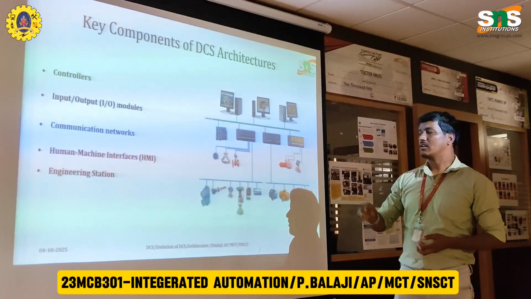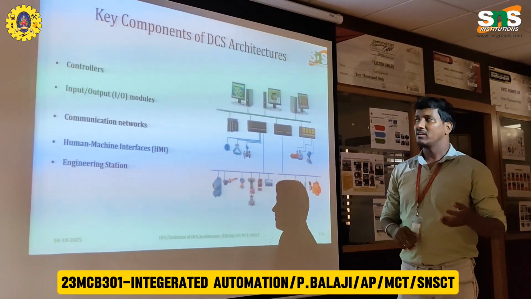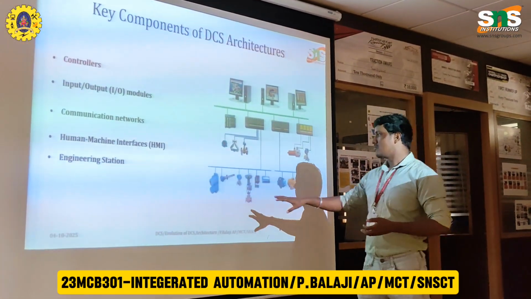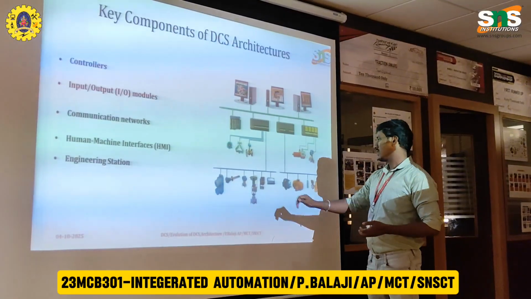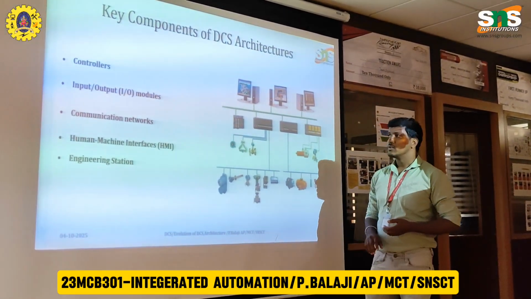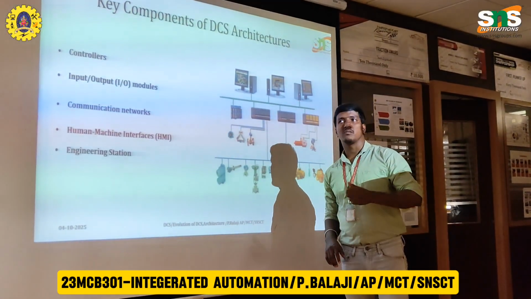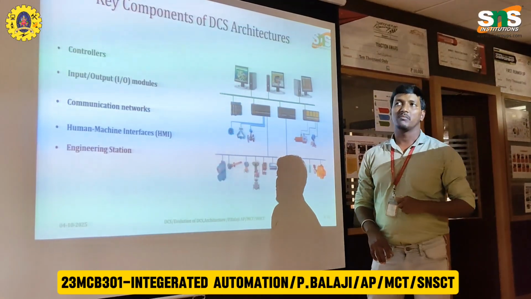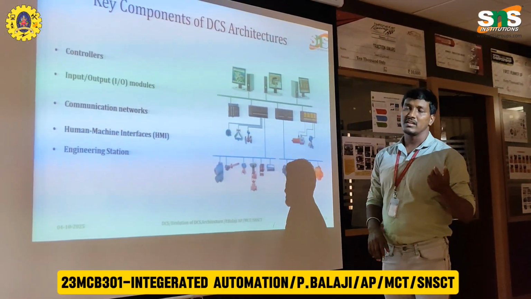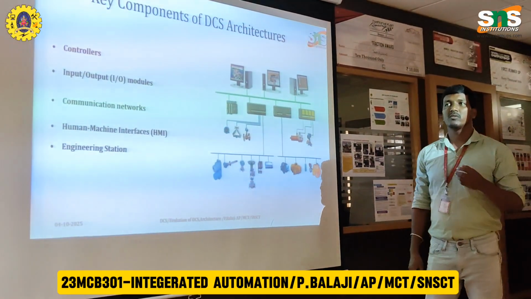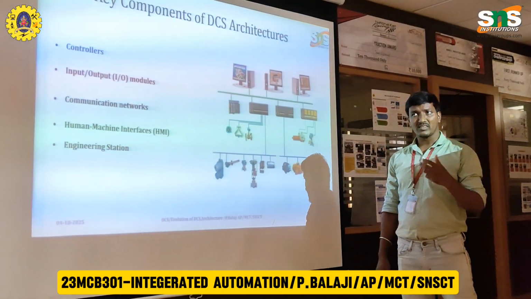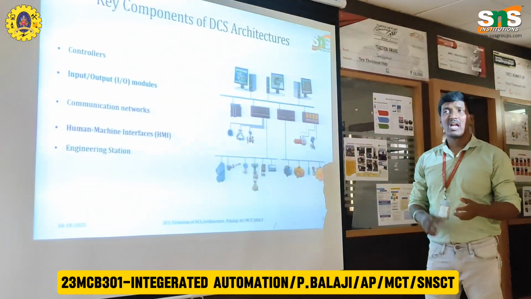Input devices may be motors, lamps, or double acting cylinders. It may be a switch, a toggle, or a block switch; it varies depending on our application. Output depends on our actuators.